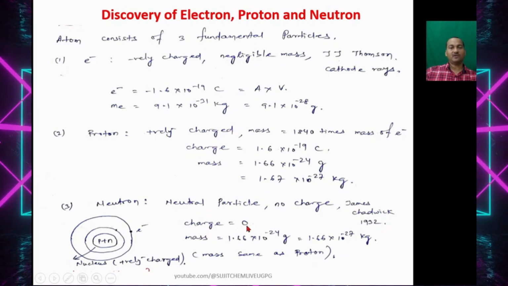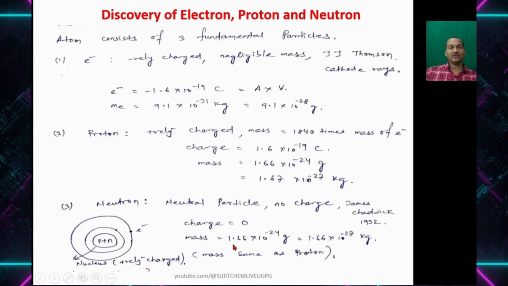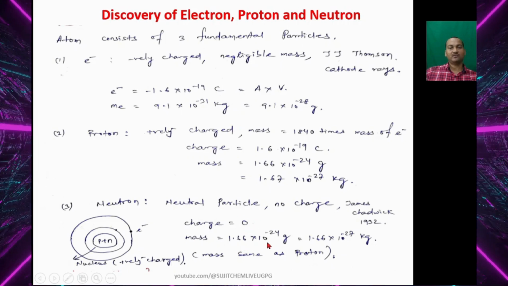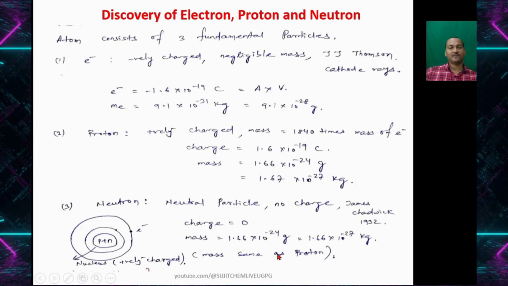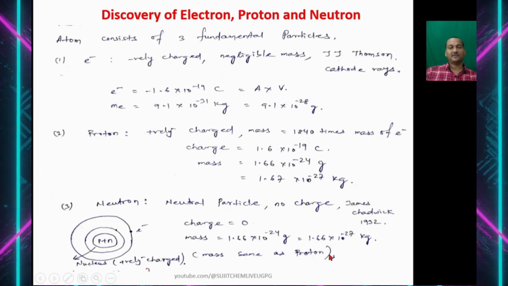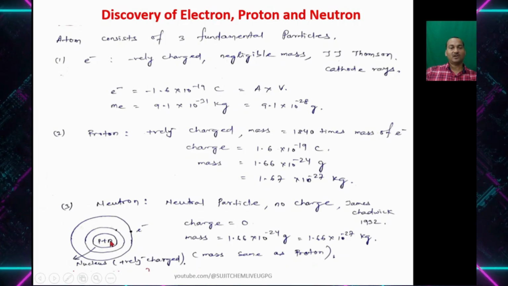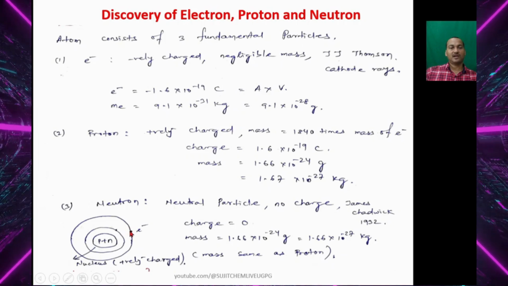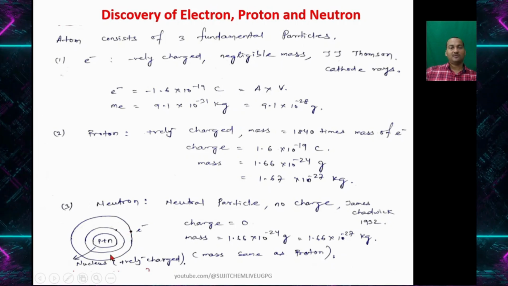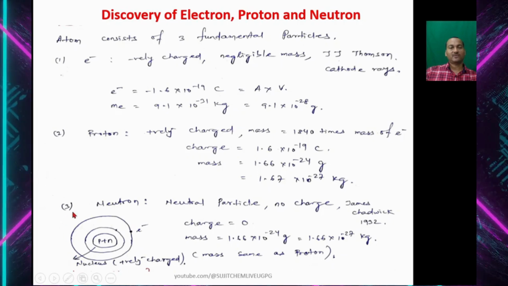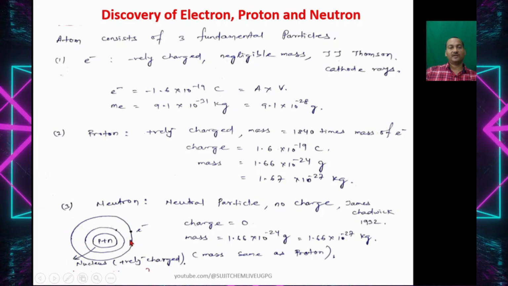The charge of the neutron is 0 and the mass of the neutron is 1.66 into 10 to the minus 24 gram, nearly the same as the proton. At the center of the atom there are protons and neutrons, and the electrons are revolving around the nucleus in different circular orbits.